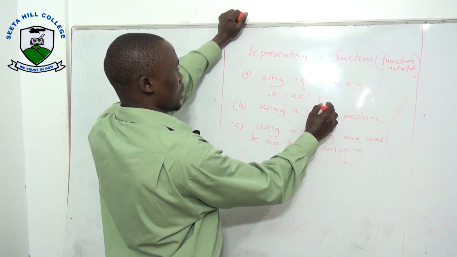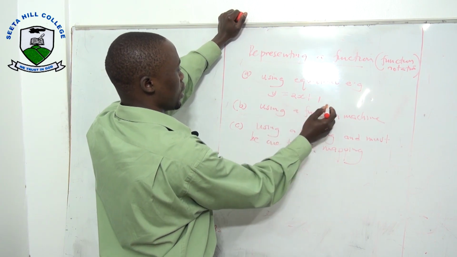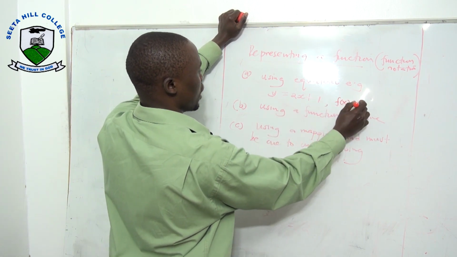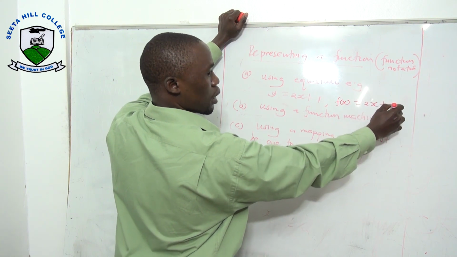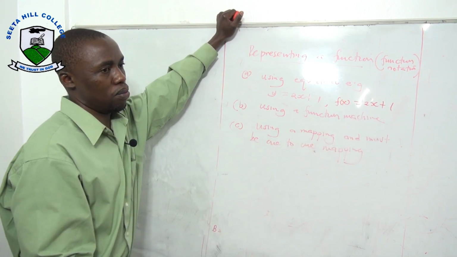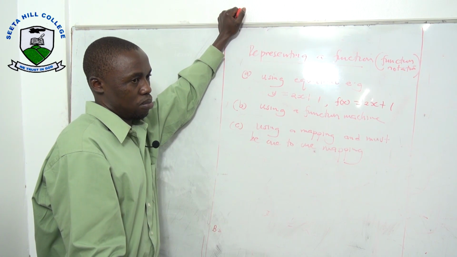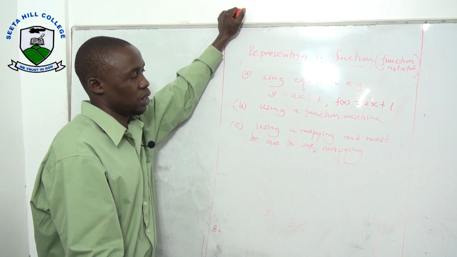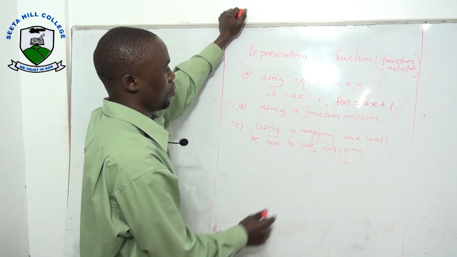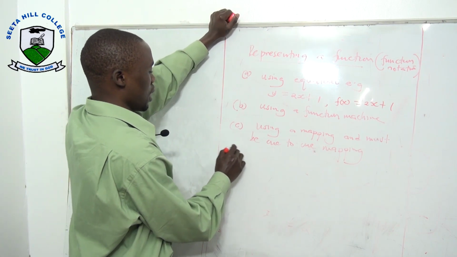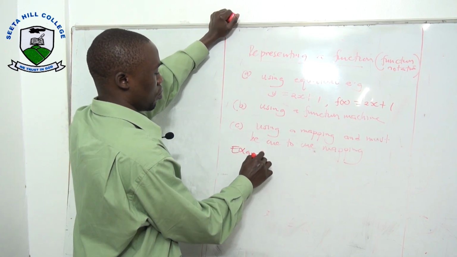Now, sometimes instead of calling it y is this, we can call it f(x) is equal to x plus something. The same thing, not so? Now, examples, we test ourselves, not so?